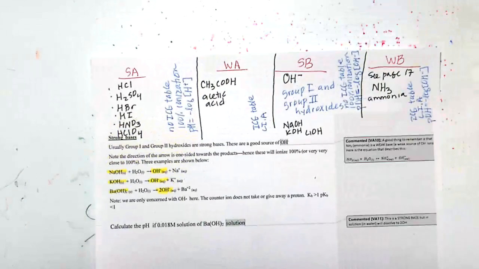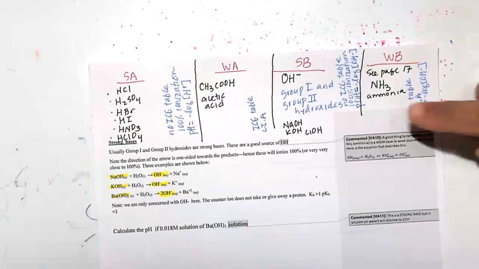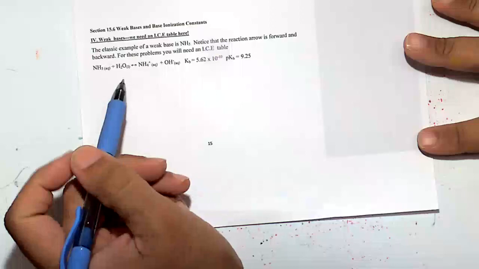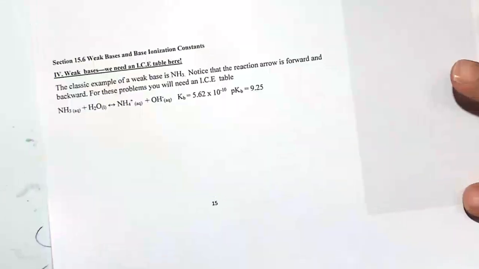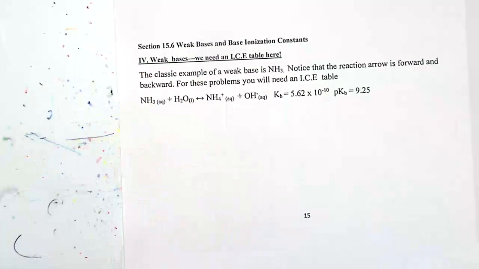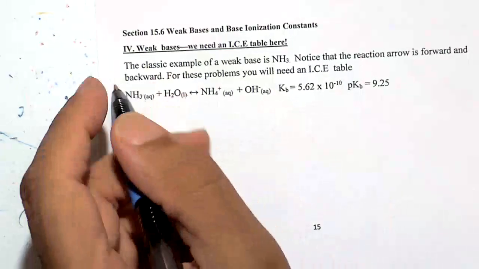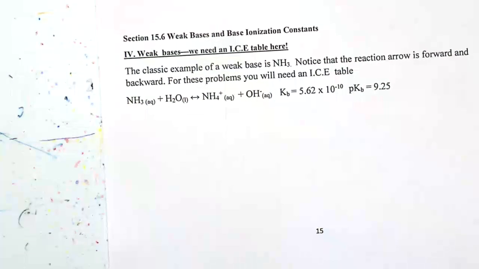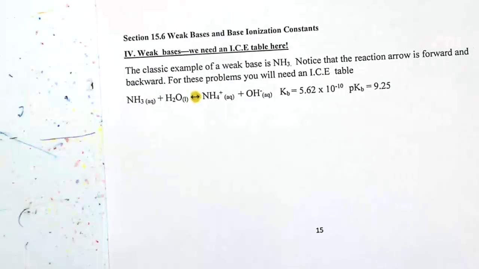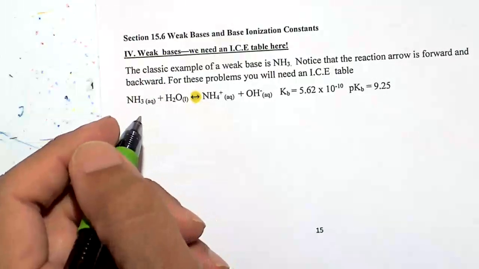So this is what we need to do. Let's look at ammonia here, NH3. Ammonia is actually a weak base, and you can see in the equation that ammonia is a source of OH minus. What do these bases do? The bases react with water.